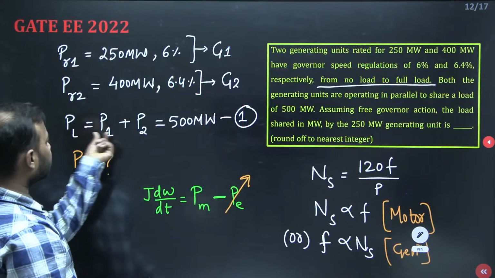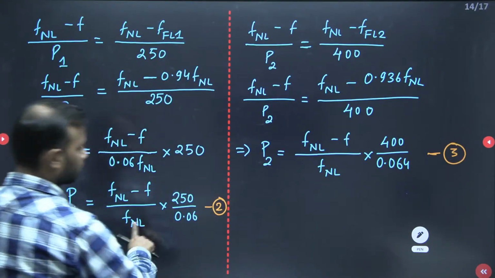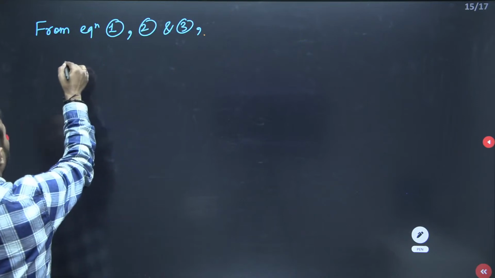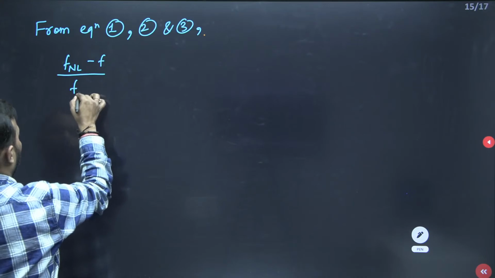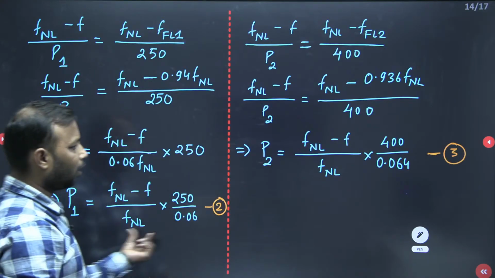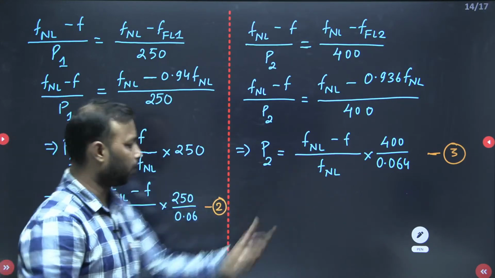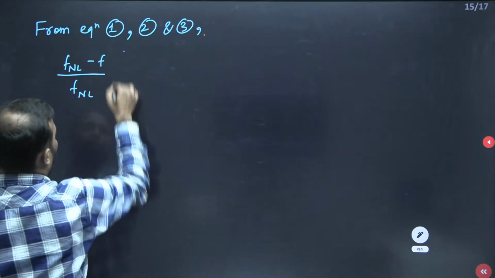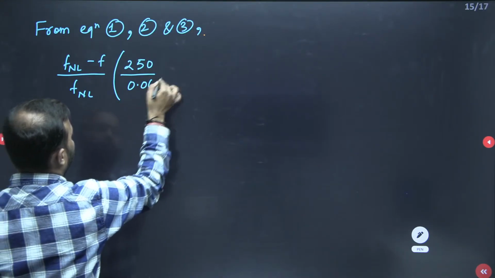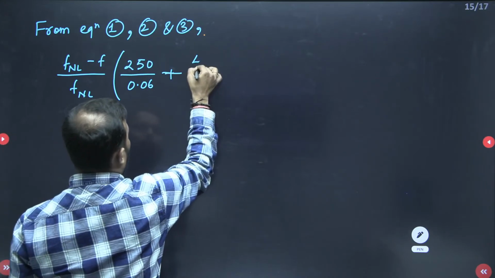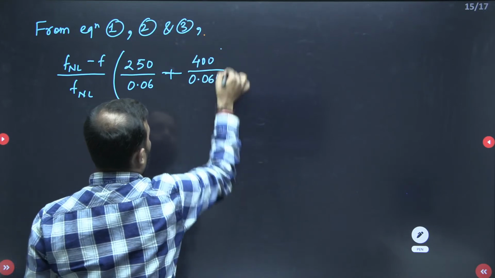See, total power is P1 plus P2 equal to 500. Substitute this value and this one. What are we going to get? (F no load minus F) divided by F no load. See, this term and this term are common when you are going to add, so let me take this as common. So, we will get 250 divided by 0.06 plus 400 divided by 0.064, which is equal to 500.